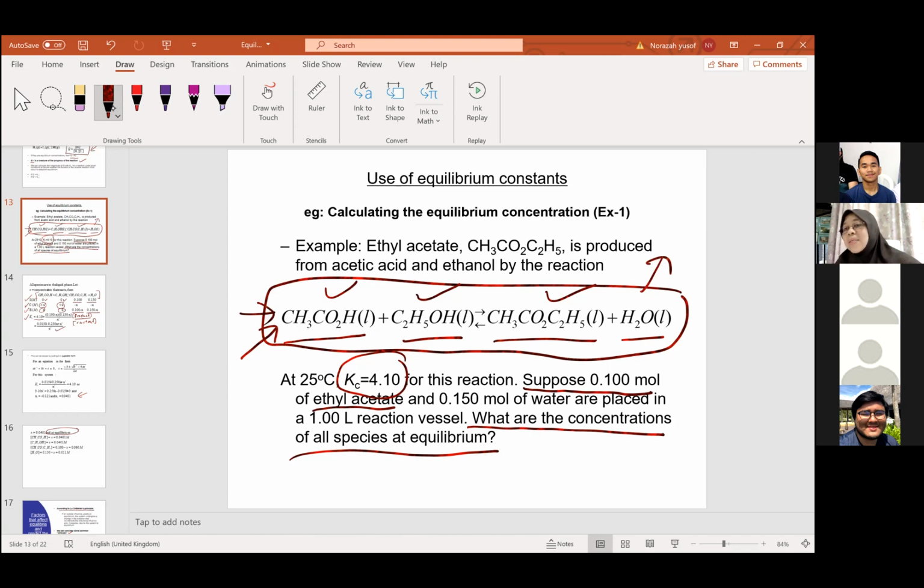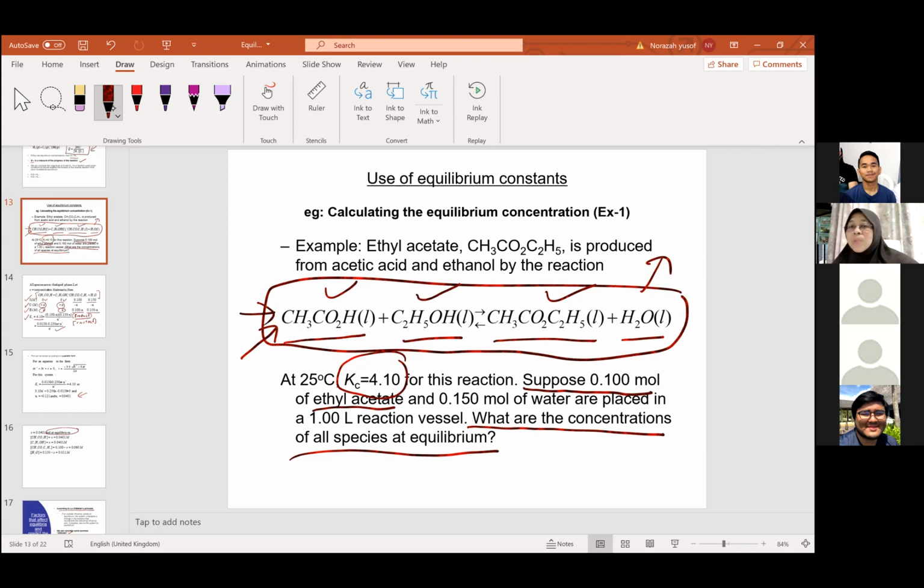Will the reaction produce more H2O or more reactant? More H2O. Yes, so will the equilibrium be shifted to the right or to the left? To the right, yes. Because I remove the H2O.